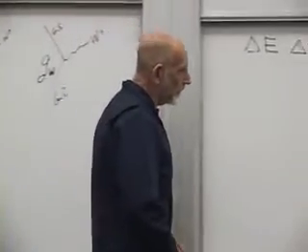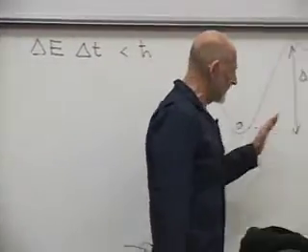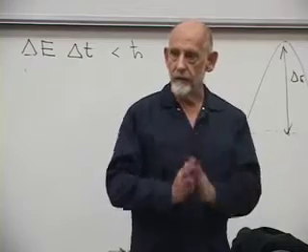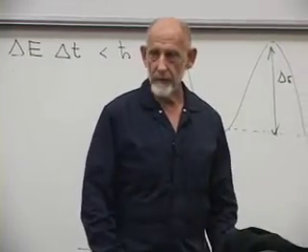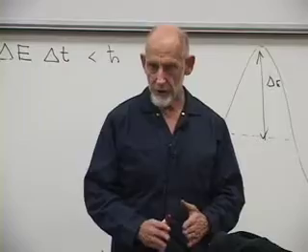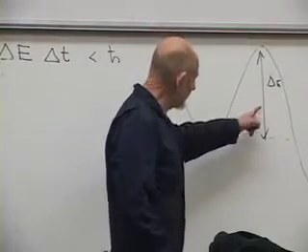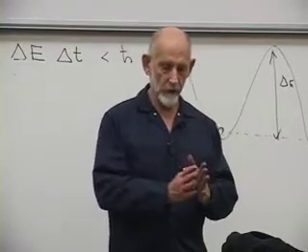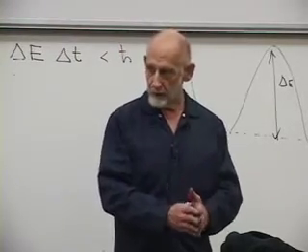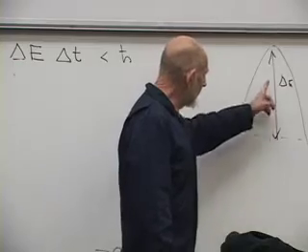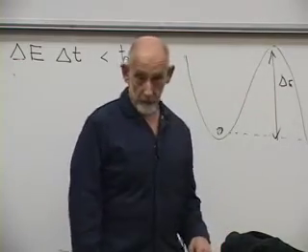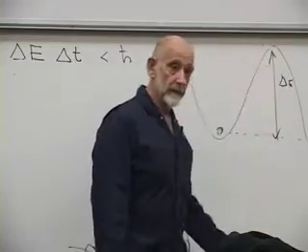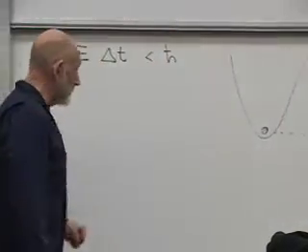So if you want to know whether there was a particle under here, you would have to interact with it on a very, very short time scale. If you wanted to find out by looking at it with a photon, you would have to send in a very, very short wavelength photon pulse. In particular, the energy of that photon pulse would have to be about that big. That's what this energy-time uncertainty principle says.